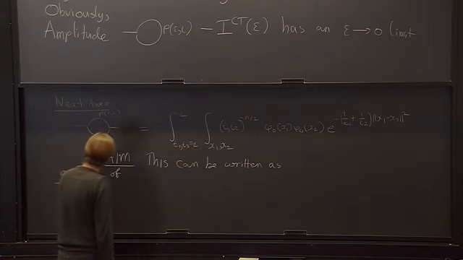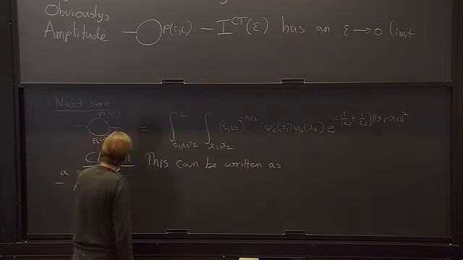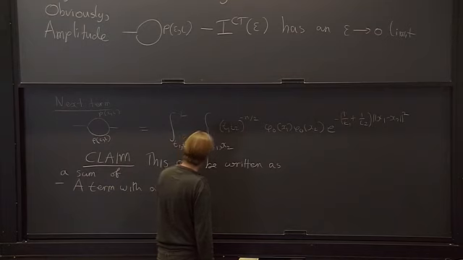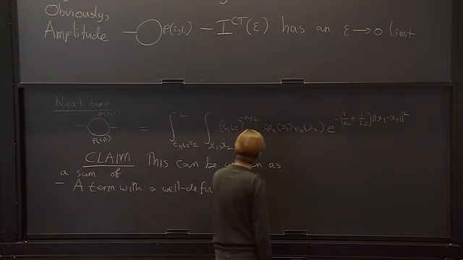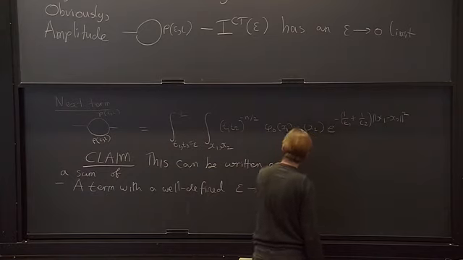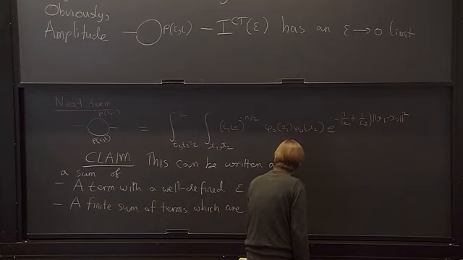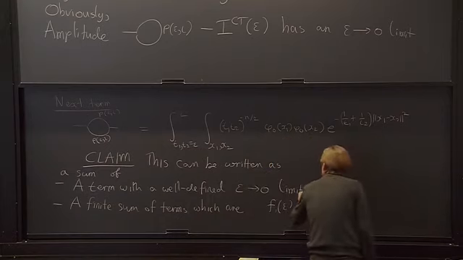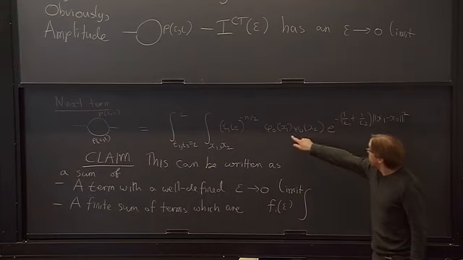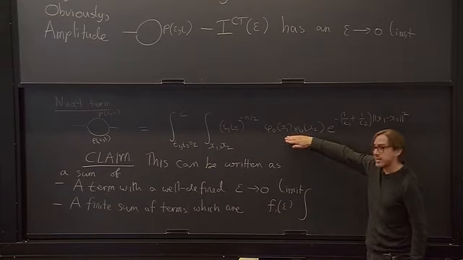A term with a well-defined epsilon to 0 limit, plus a finite sum of terms which are functions of epsilon times integrals of Lagrangians, integrals only over one x variable, not over two x variables.